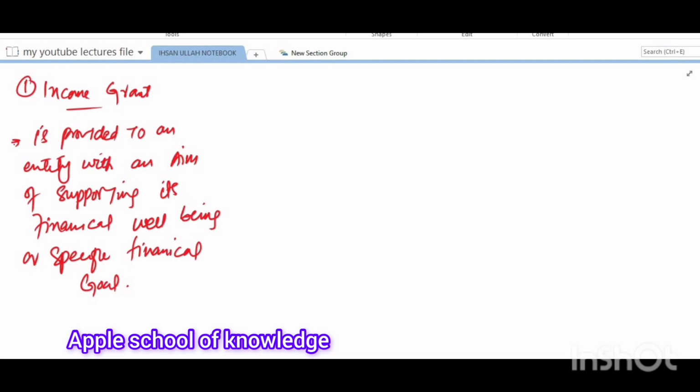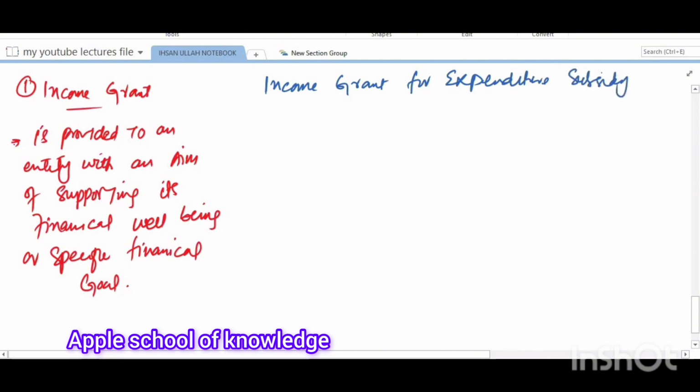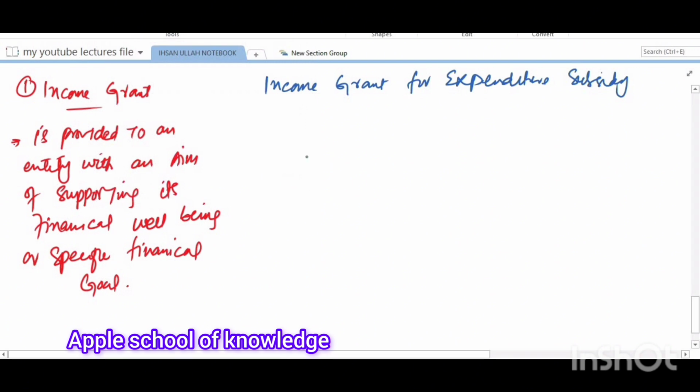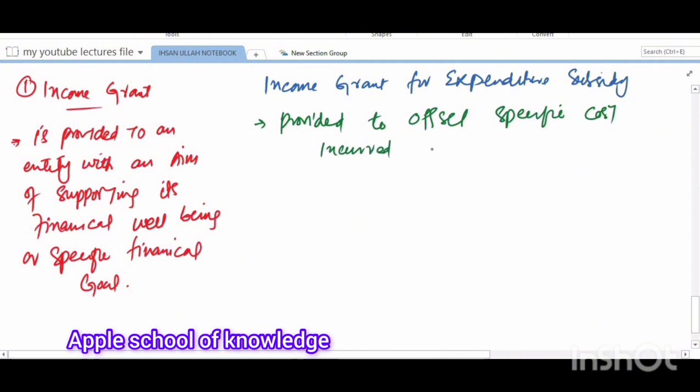So if the income grant is for expenditure subsidy, it means this grant is provided to offset specific costs incurred by the entity.